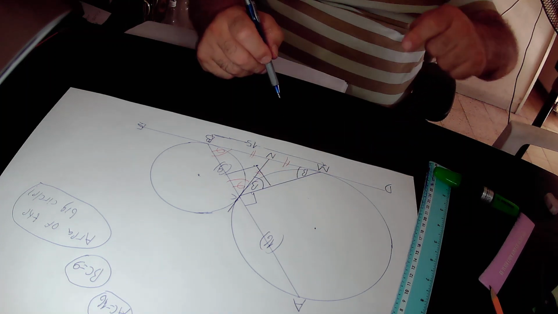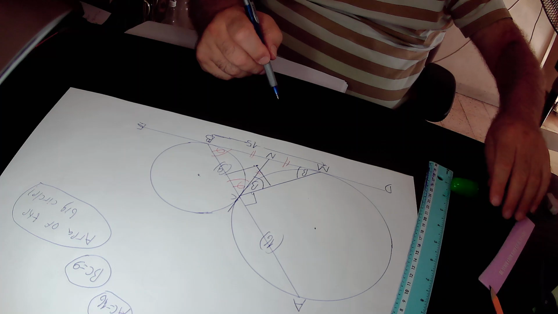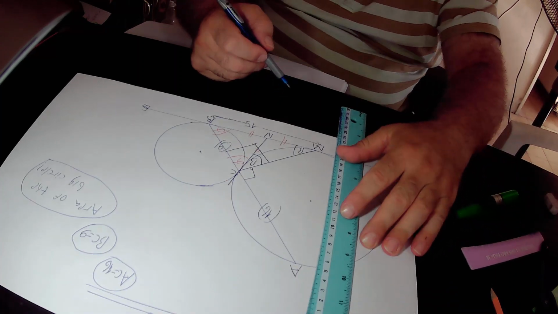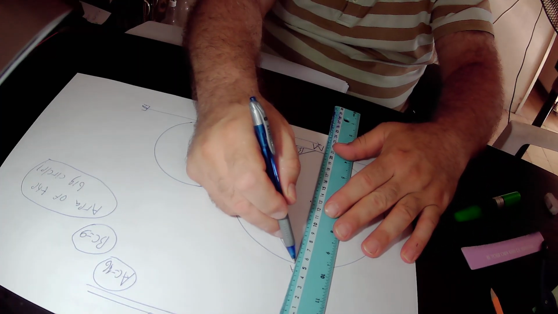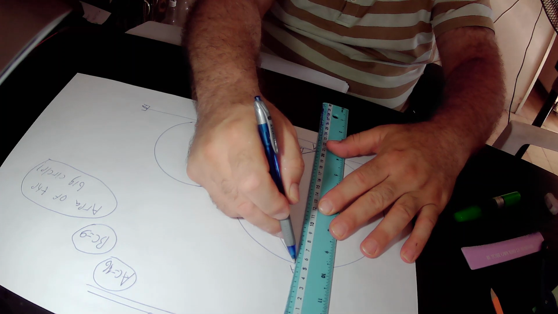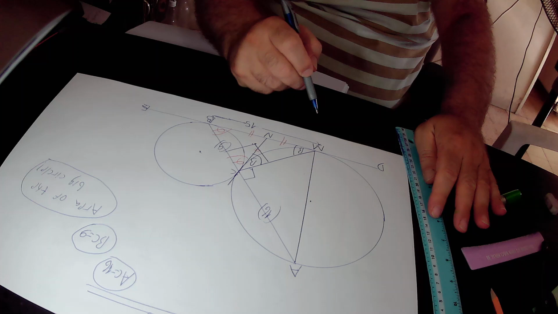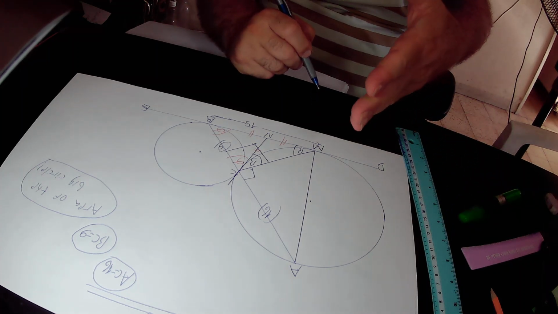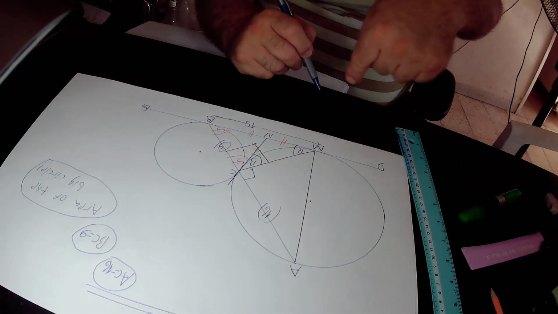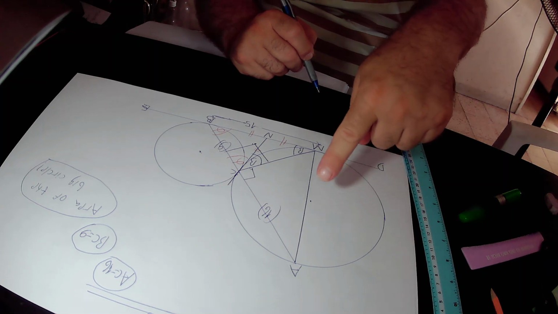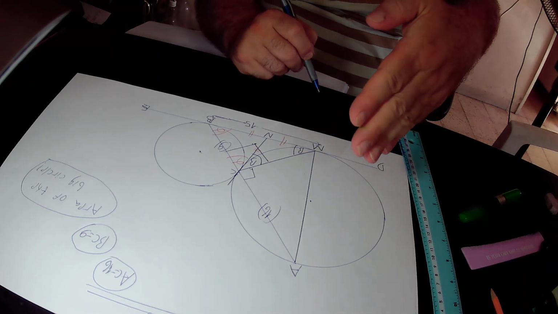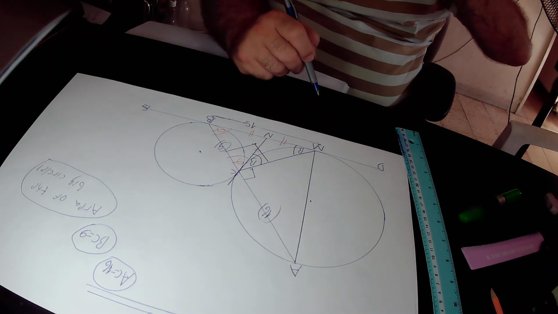In the next step, we'll join points A and M together by a straight line. AM is a chord inside the big circle. Again, line segment AM is a chord in the big circle.